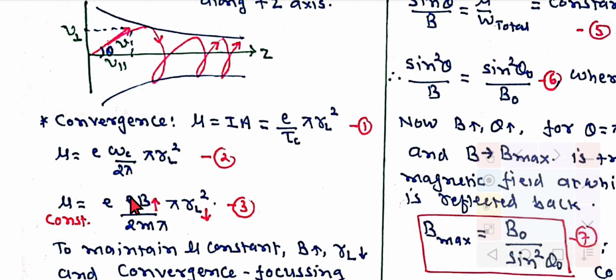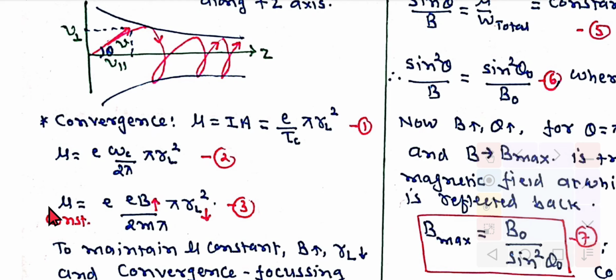But from this equation you can say, in our case, B is continuously increasing in this direction. Mu, I mean the magnetic moment of a charged particle, is constant. To maintain mu constant, B is continuously increasing, so what should happen to RL? RL must be decreasing. If B is increasing, then RL must be decreasing to keep mu constant.